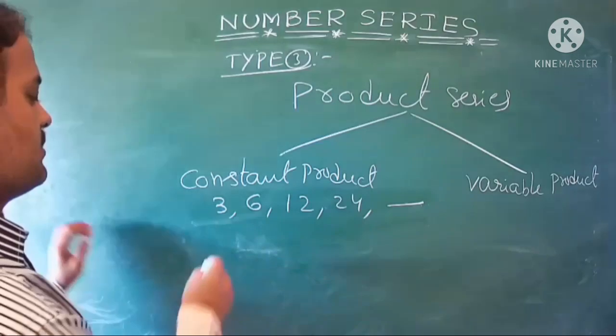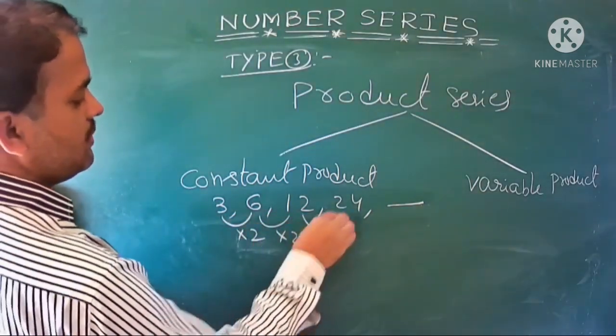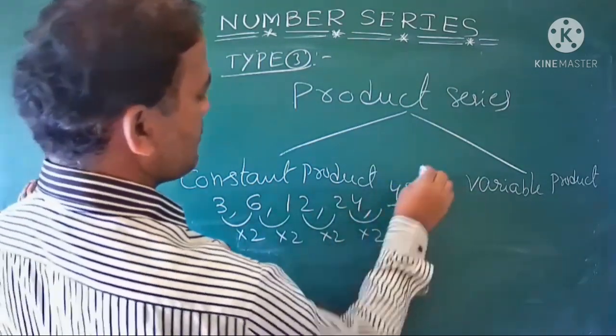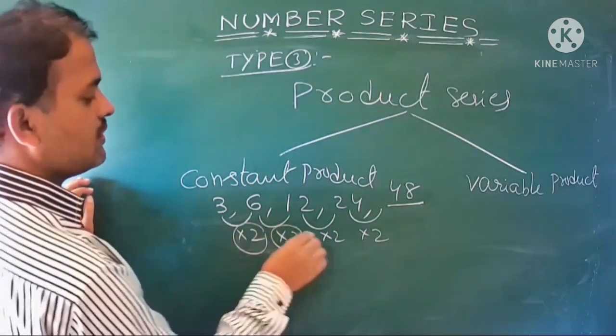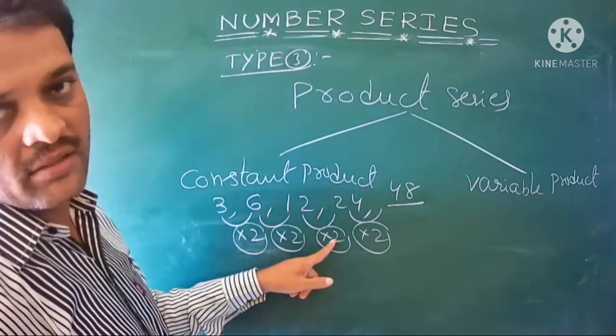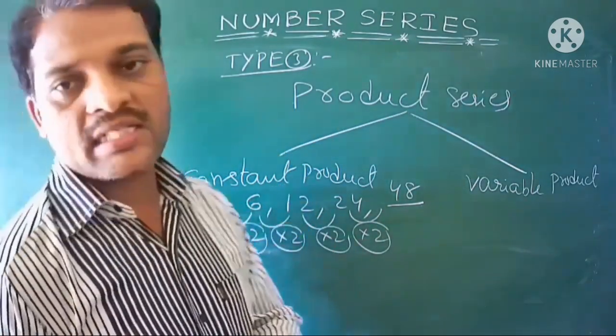This relation is here 3 into 2, here 6 into 2, here 12 into 2, and next 24 into 2, so the answer will become 48. Here into 2, the successive terms product is constant. So that's why this is an example of constant product series.